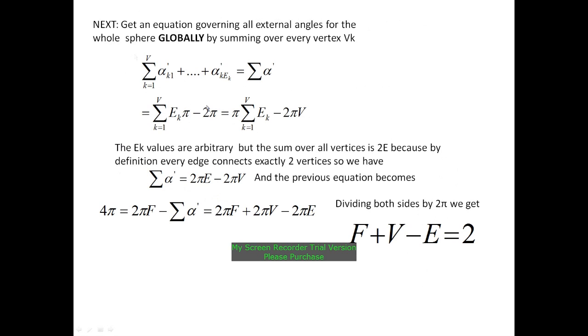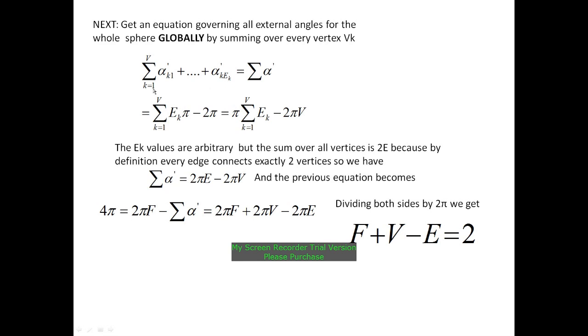To get an equation for all the external angles for the whole sphere globally, we sum over every vertex k. The number of edges coming into some individual kth vertex, the ek's, are unknown.